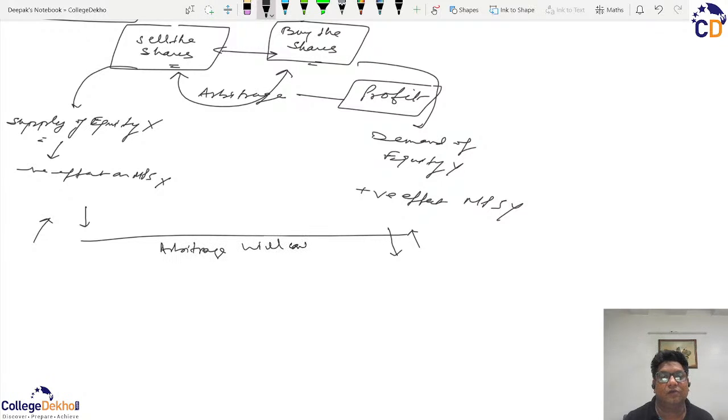So ultimately this arbitrage will continue till the price of X is equal to the price of Y, and when the price becomes equal the arbitrage will stop.